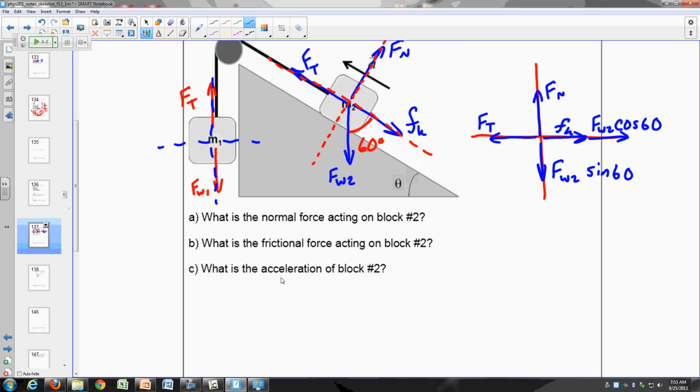Not forgetting, of course, this is a dynamic problem. So normally where we have MA, we've been setting it equal to 0. That's not the case here. It's not 0.